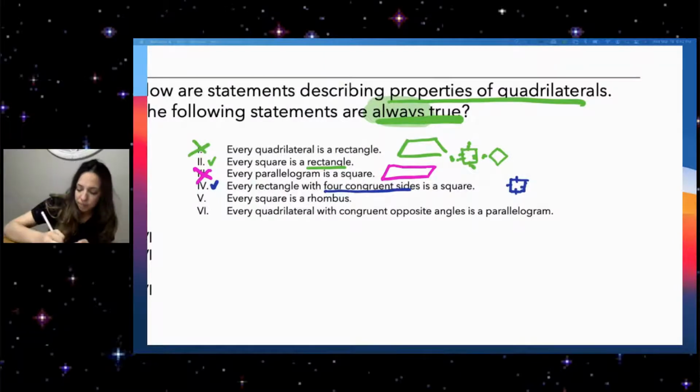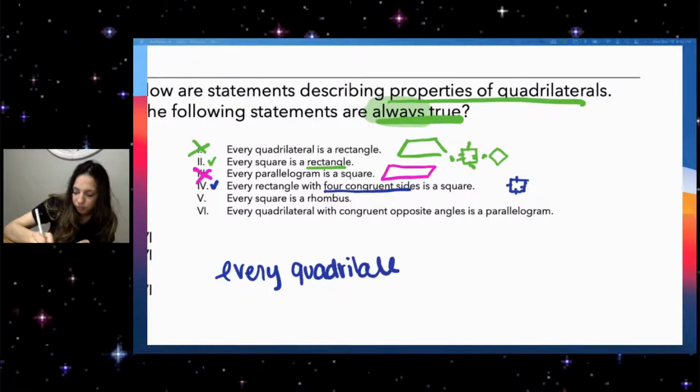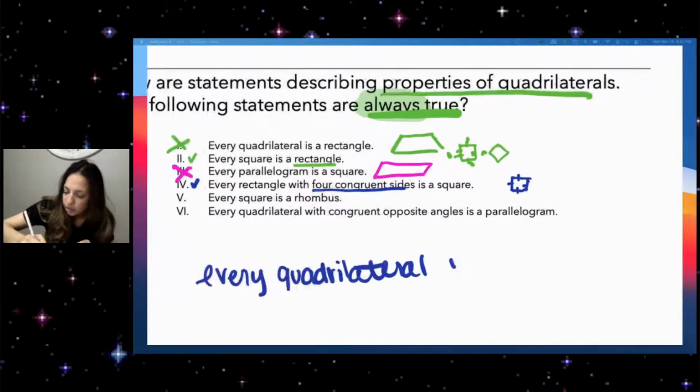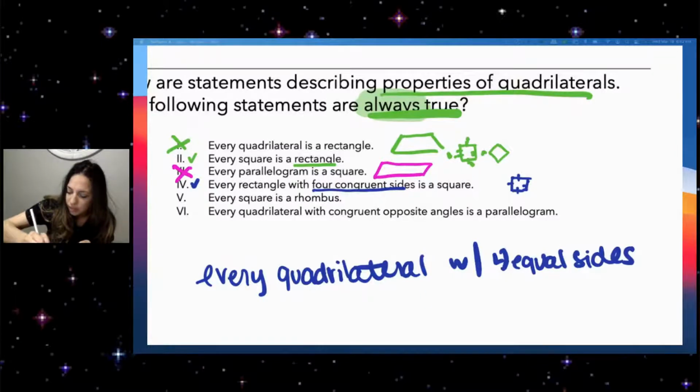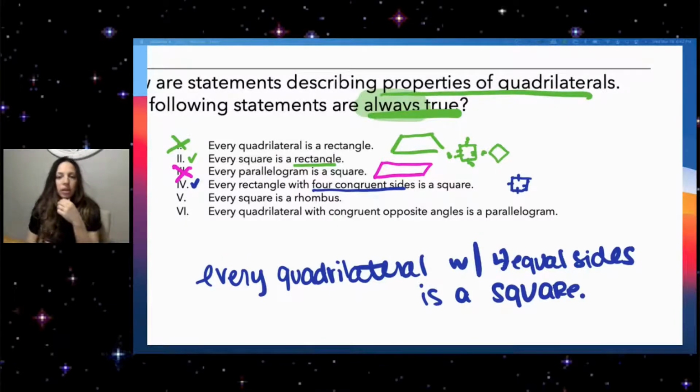Let's take this. Every quadrilateral with 4 equal sides is a square. What do you think about that one? Is that always true or no? Every quadrilateral with 4 equal sides is a square. What do you think about that one? That is not always true. Why? You're like, why?